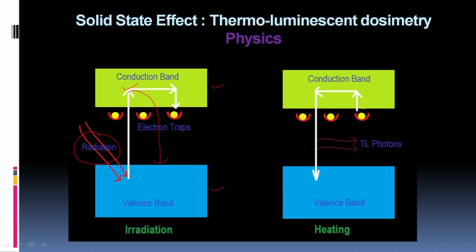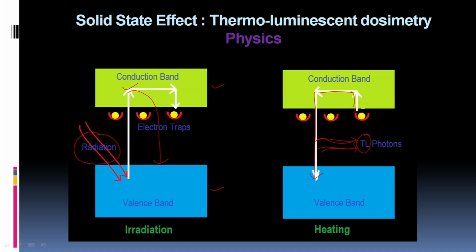These electrons again go to the conduction band, and from this conduction band they come down to the valence band, and they give some photons. They are known as TL photons, thermoluminescence photons, and the amount of photons is proportional to the amount of absorbed dose.